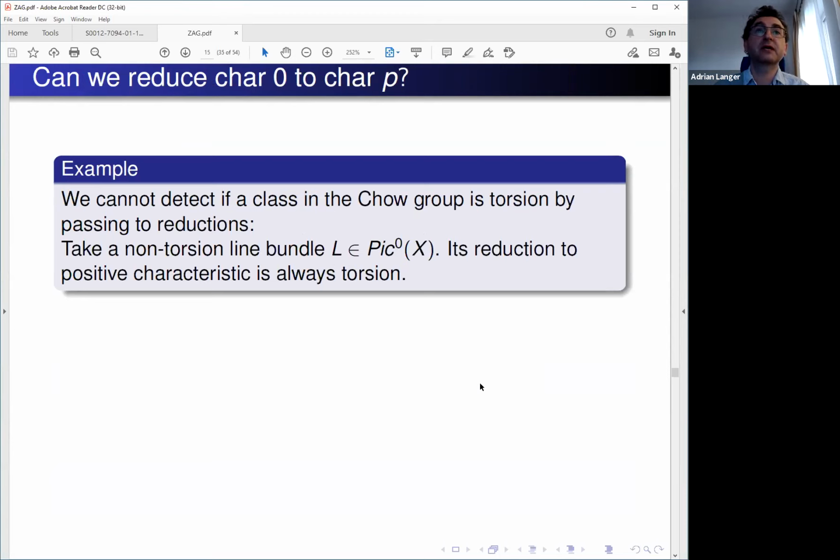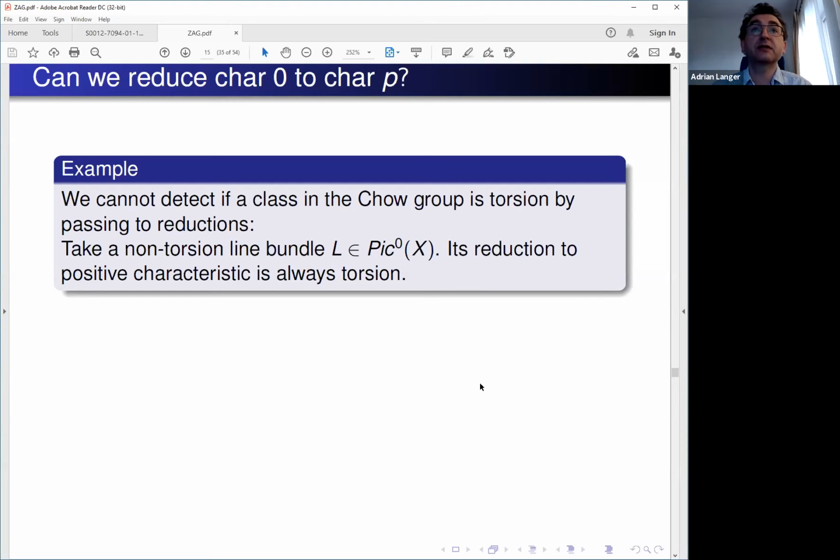Because one cannot detect whether a class in the Chow group is torsion just by passing to reductions modulo some prime numbers. For example, here if we have a non-torsion line bundle in Pic 0, then all its reductions are always torsion because they are line bundles defined on a variety which is defined over a finite field.